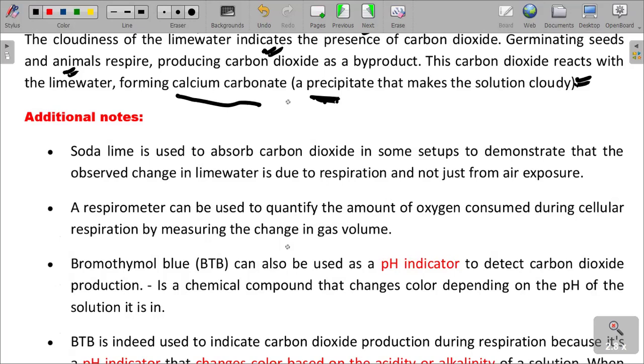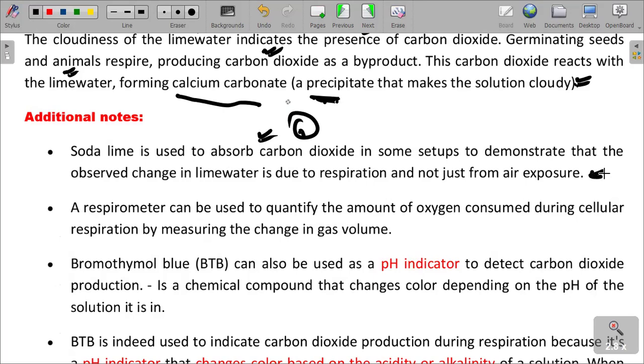So additional notes that I want you to take note of: soda lime is used to absorb carbon dioxide. That is one thing that you need to take note of. In some setups, it is used to demonstrate that the observed change in lime water is due to respiration, not just from air exposure.